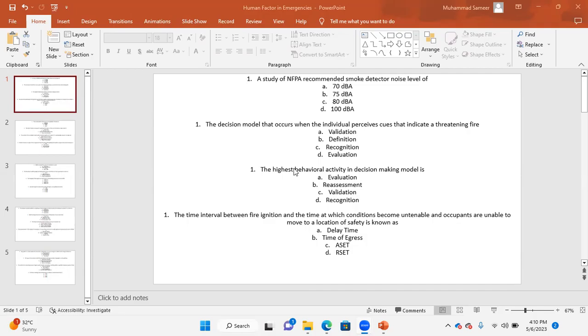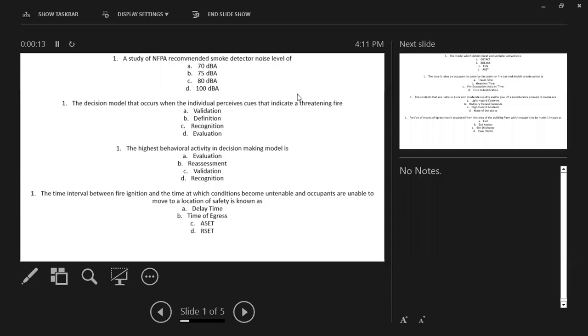Okay, guys, let's continue. Question number 1. A study of NFPA recommended smoke detector noise level of. We have discussed this in 2 sections, section 14 and the start of section 4.